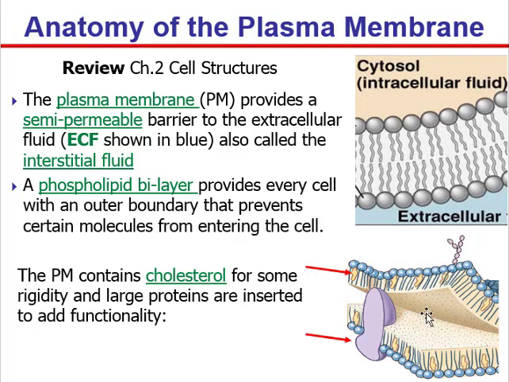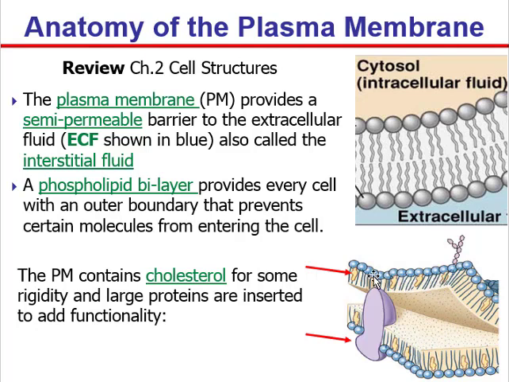In this diagram, I've got some red arrows pointing to some components in your phospholipid bilayer, which is acting as a barrier for diffusion and osmosis. So we have the phospholipid layers that are in two layers, like a little sandwich.